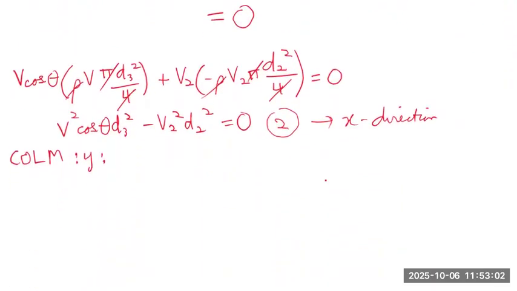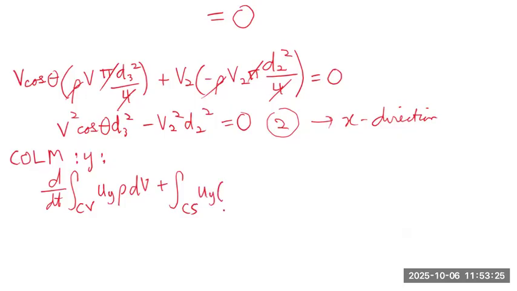So let's first write out the general equation: d dt of the control volume of uy rho dV plus the integral over the control surface of uy times rho times u relative dot dA is equal to Fs plus Fb.